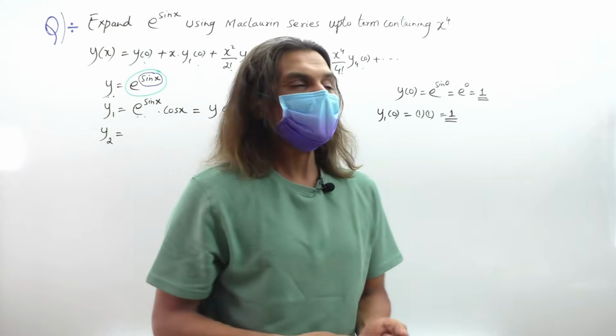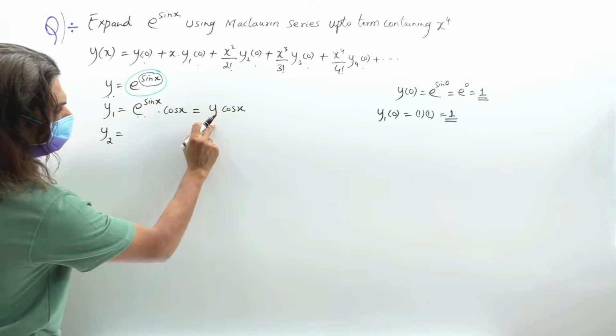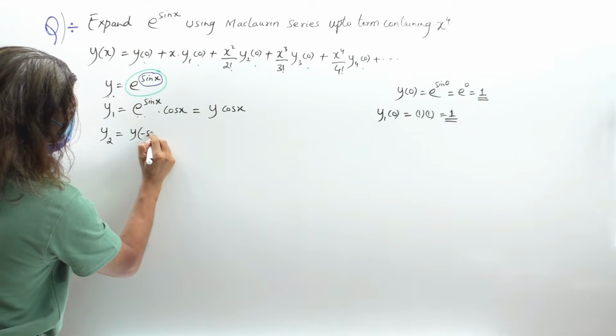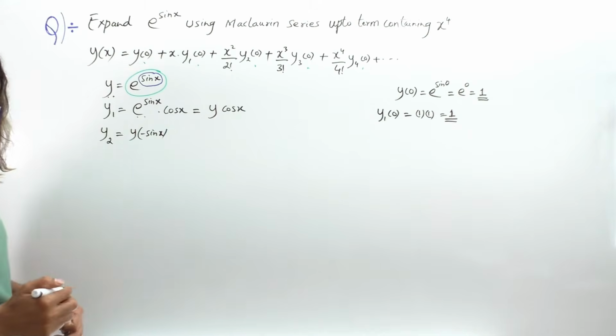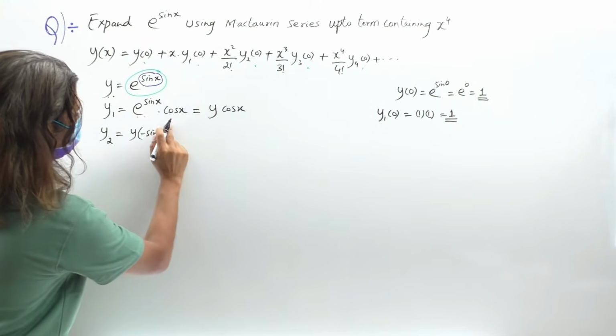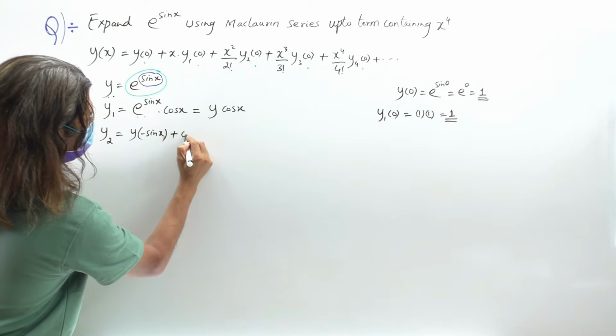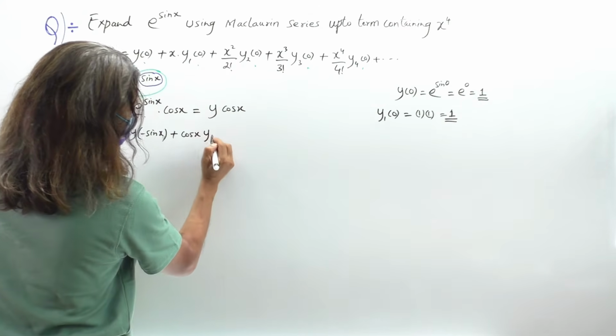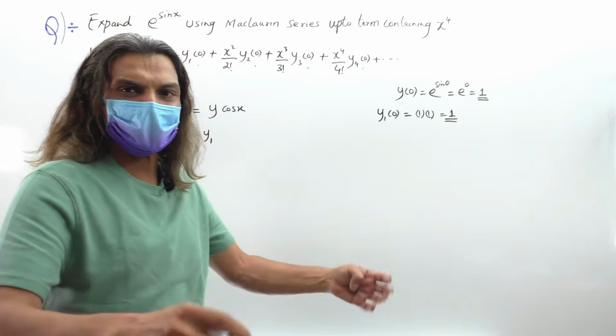As easy as that. So what I'll do here, y I'll keep as it is. Differentiation of cos x is minus sin x, fine, plus second function cos x as it is. Differentiation of y is y1. See, so easy, y1, y2, and so on.